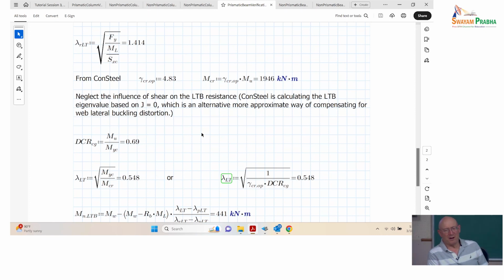Yeah, so the research team at UT Austin developed a separate lateral distortional buckling factor, but they've taken it under advisement that something's not quite right with the way that equation is working. It does some very weird things.